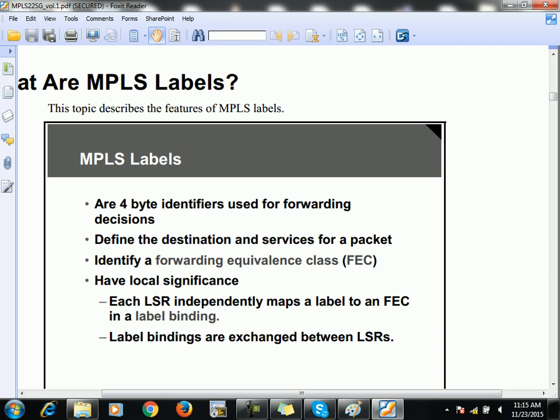FEC is a group of all those packets which have to be forwarded over the same path with the same treatment.